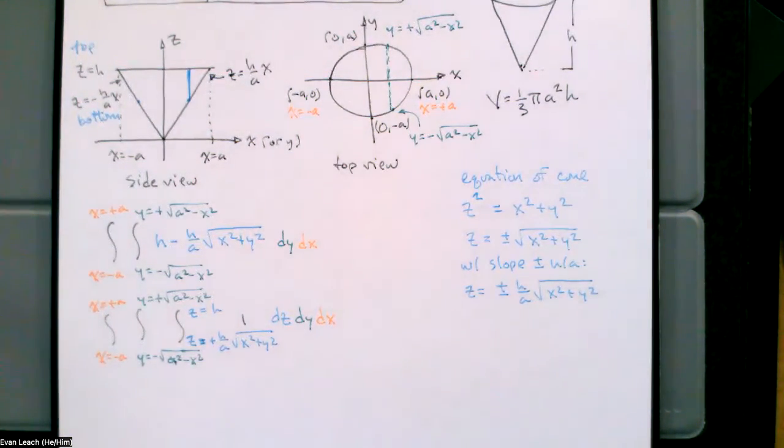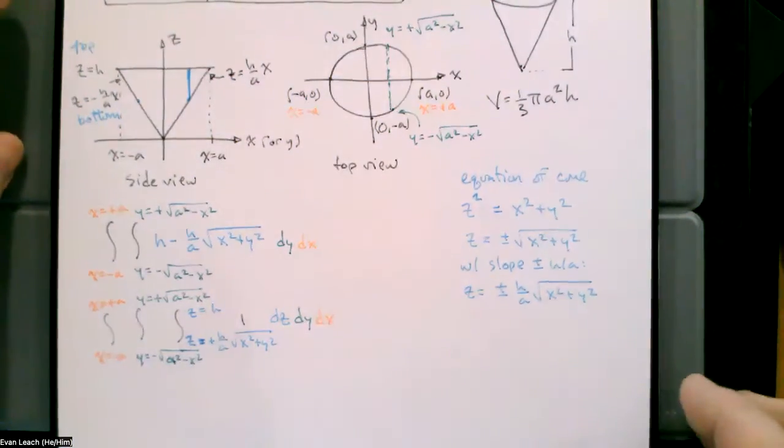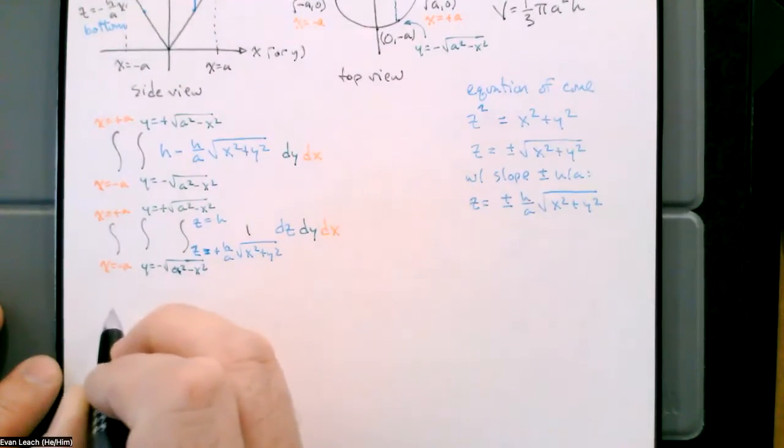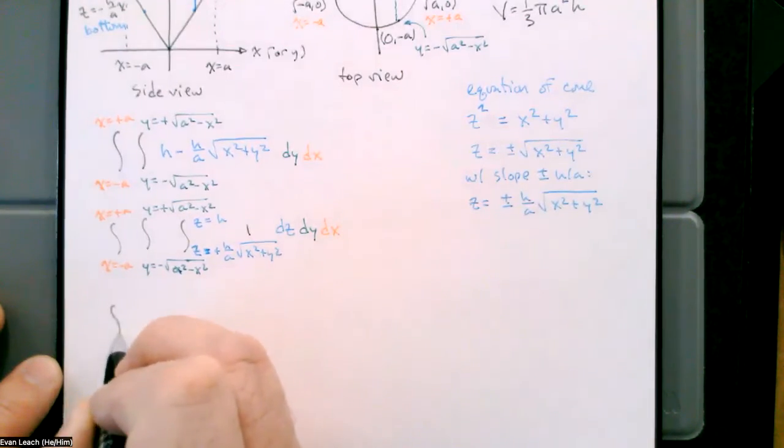So because our top view, where we decide what values we're plugging into the expression, is round, it's going to be a lot easier to set up with polar coordinates. Circles are just two intervals in polar coordinates.